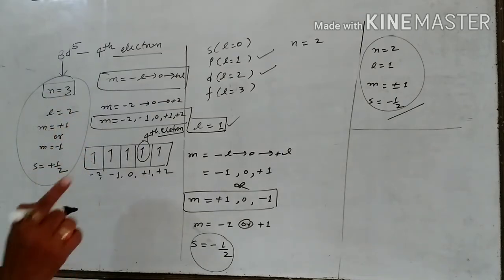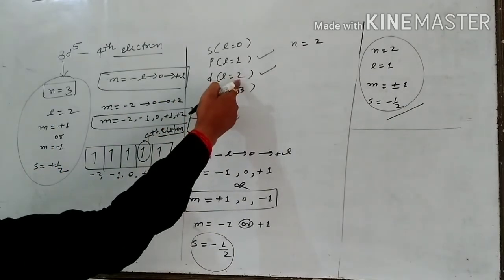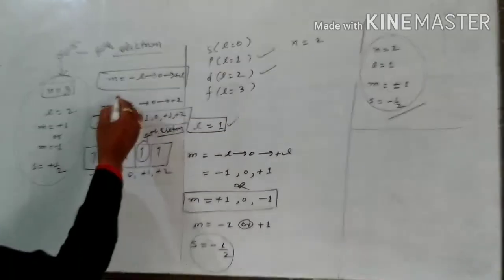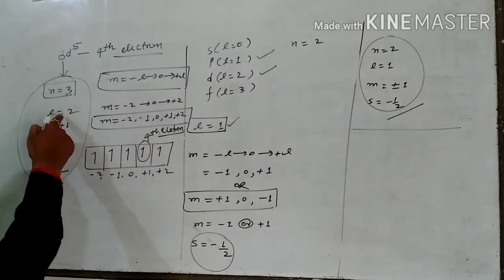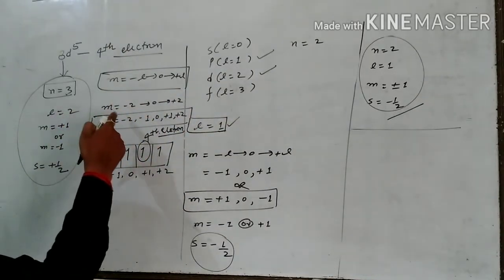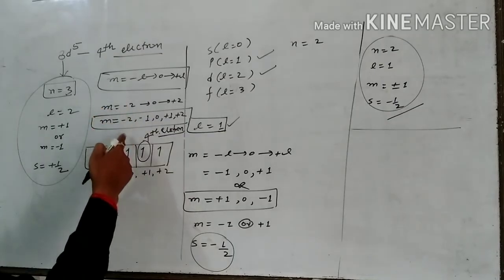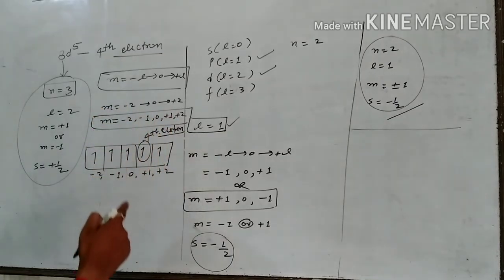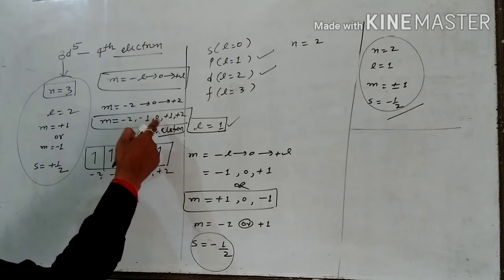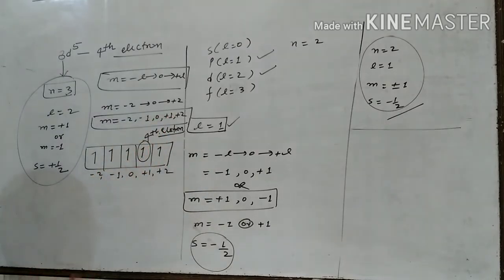After that the electron is in d, that's why you have to pick up the value from here. l having 2, I have written here. With the help of l, you can find magnetic quantum numbers by using this formula, and all the values I am writing here: -2, -1, 0, +1, +2, or just opposite to this, +2, +1, 0, -1, -2.